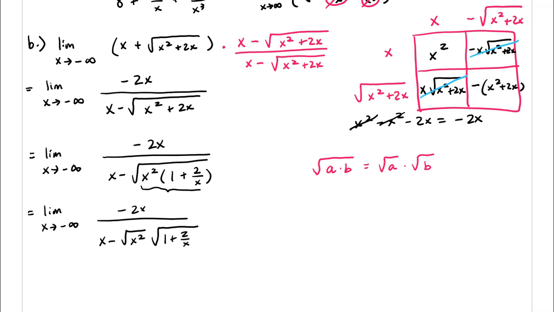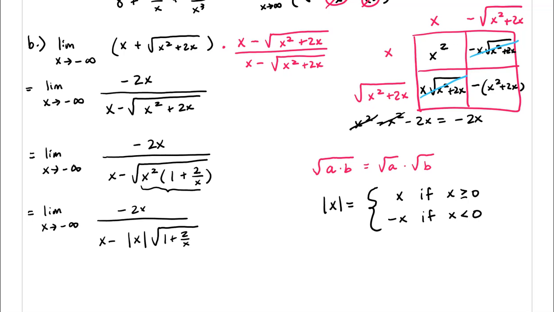Now, I'm going to replace the square root of x squared. In pre-calculus, you would have learned that the square root of x squared is equal to the absolute value of x. Now, also in pre-calculus, you should have learned that the absolute value of x is a piecewise function, and it's equal to x if x is greater than or equal to 0, and it's equal to negative x if x is less than 0.